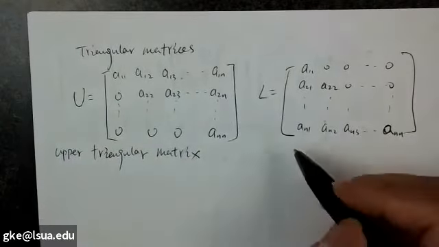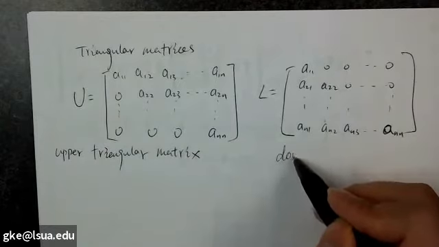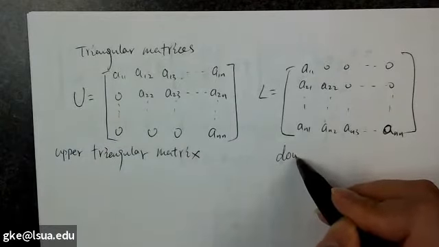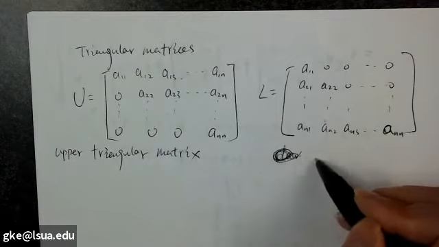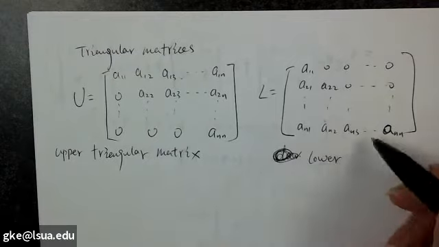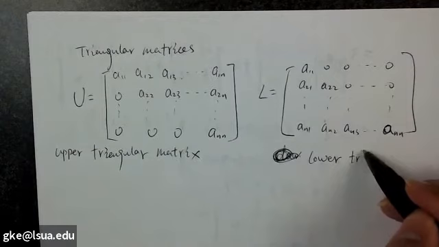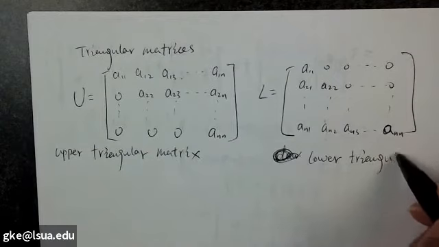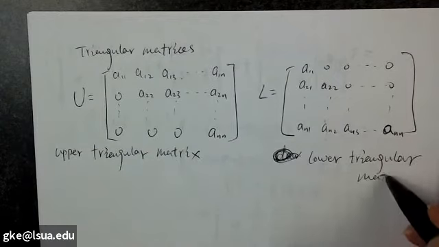The second one we call the lower triangular matrix.